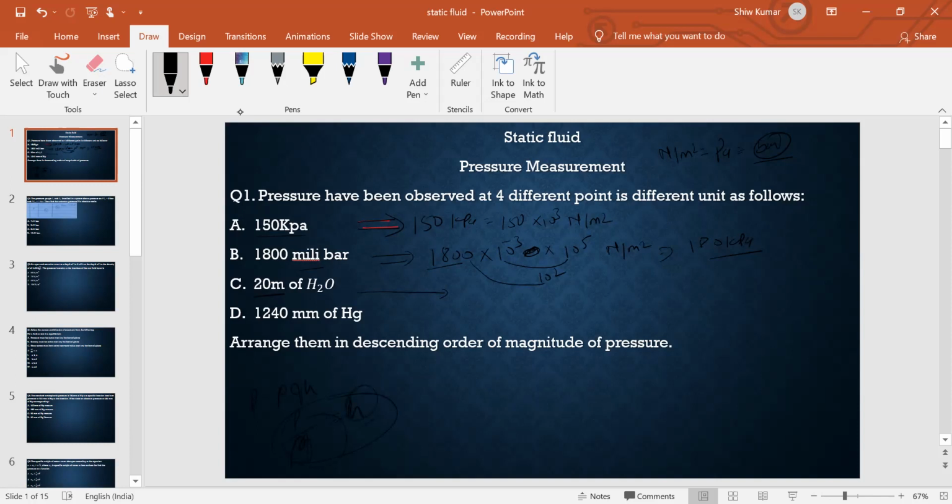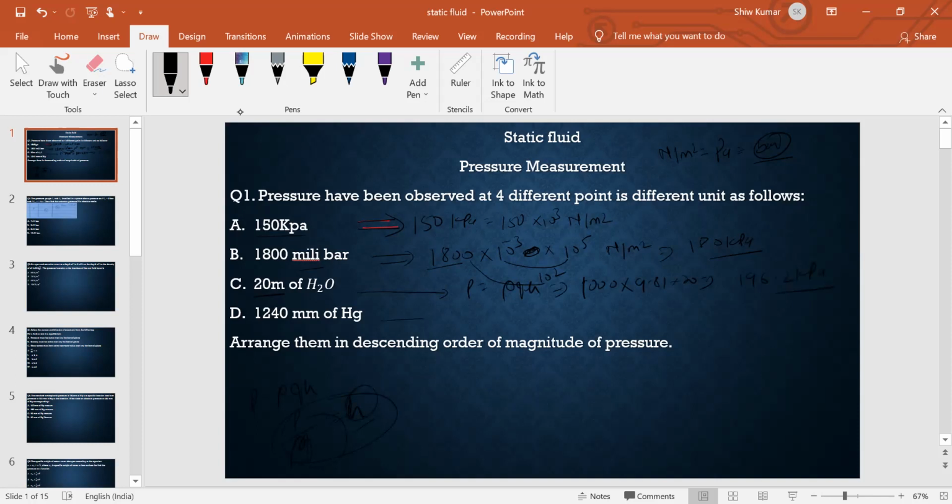So the pressure is indicated like that also. To convert this into pressure, you apply the formula rho GH. S2 is given, it means water. The water density is 1000, g is 9.81, and the 20 is there. If you multiply them, you will get 196.2 kilopascal.